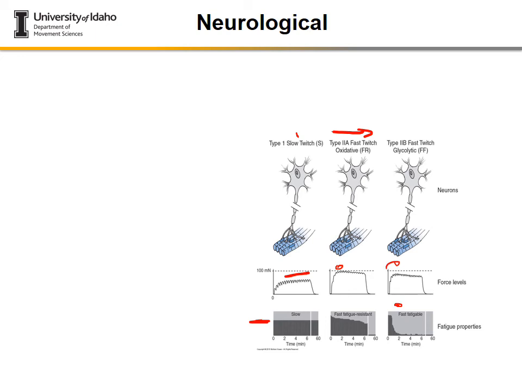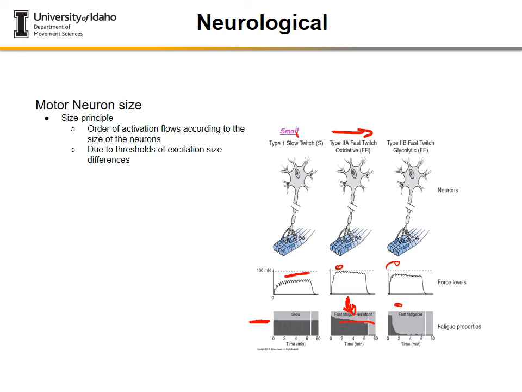The type 2B or type 2X, or the fast twitch glycolytic, depending on what you refer to it as, are fast fatigable, where the 2A, the intermediate oxidative fast twitch fibers, tend to be fatigue resistant, but they do fatigue quite a bit. So that is another component of it.